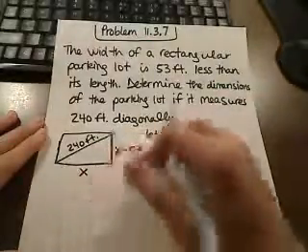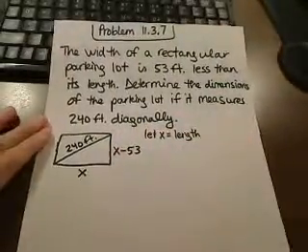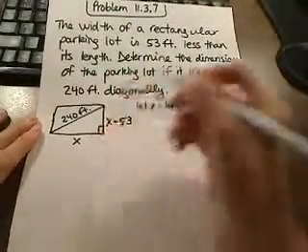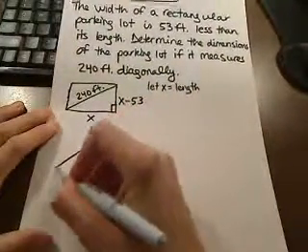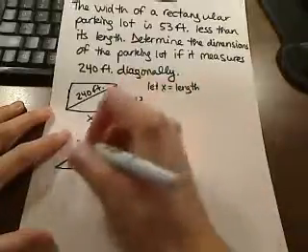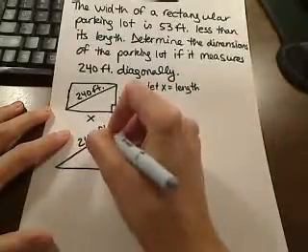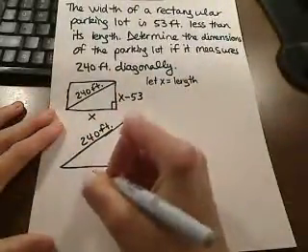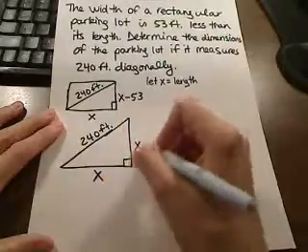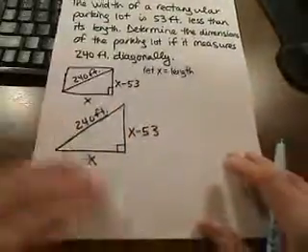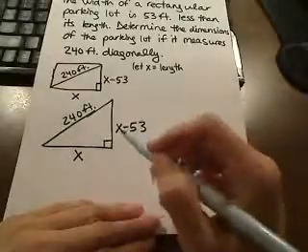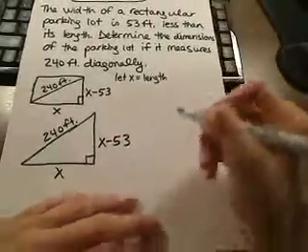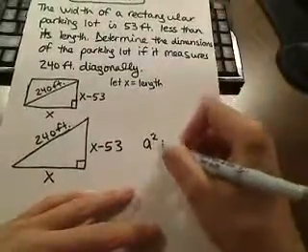Okay, so hopefully we can see here that we have a right triangle, and I'll pull this off and make it a little bigger so you can just see the triangle itself. So this side, 240 feet, this is x, and this is x minus 53. Okay, so anytime we're trying to find the sides of a right triangle, then we know we can use the Pythagorean theorem.